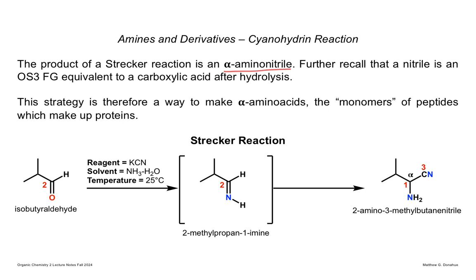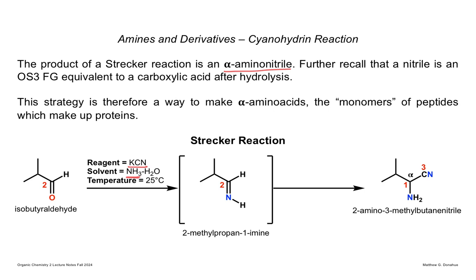And again, those are important biomolecules, which are monomers of peptides that make up proteins. The conditions to do the Strecker reaction involve potassium cyanide, but now you're actually using ammonia as an organic solvent in water.